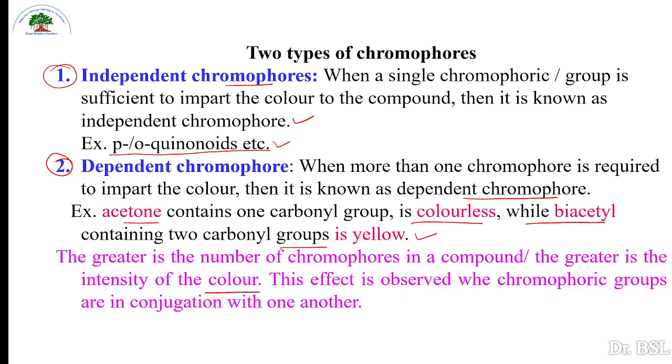This effect is observed when chromophoric groups are in conjugation with one another. This is very important. Only addition of chromophore is not sufficient, but those added chromophores must be in conjugation with one another.